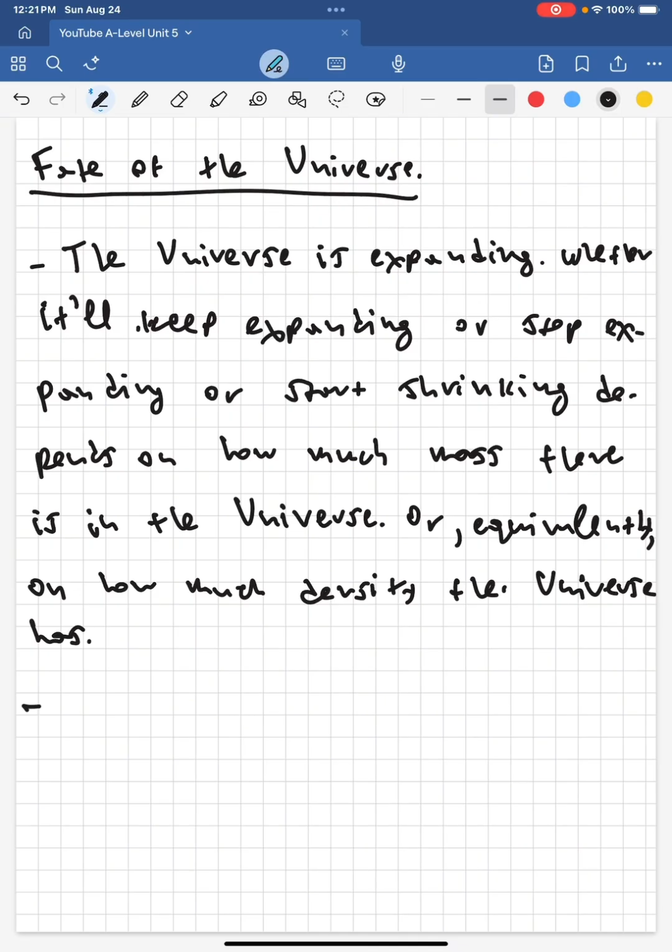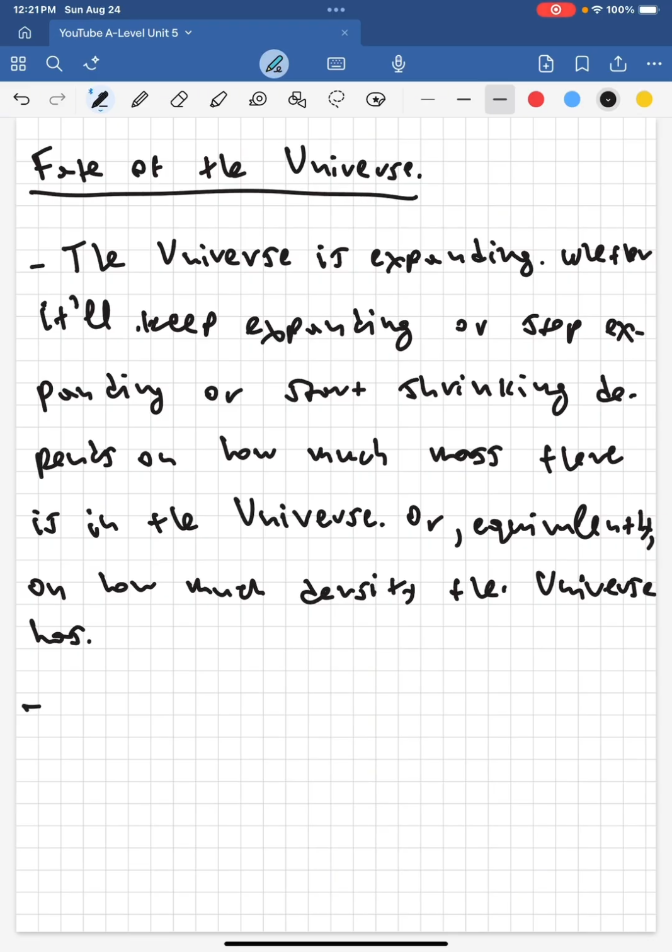The amount of mass is important because that tells you how much gravity there is in the universe.